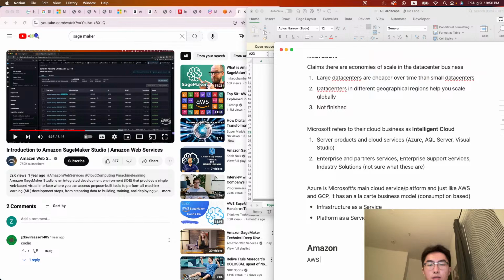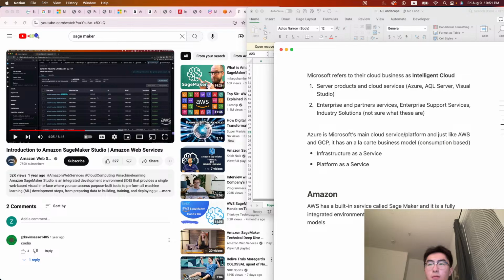So AWS has a built-in service called SageMaker, and it is a fully integrated environment of tools that can help enterprises and developers to train models, with MLOps.